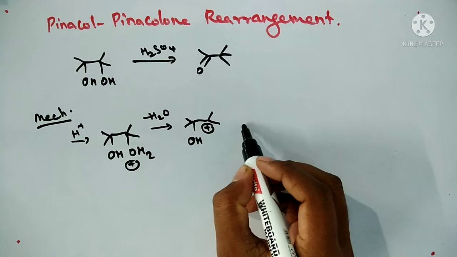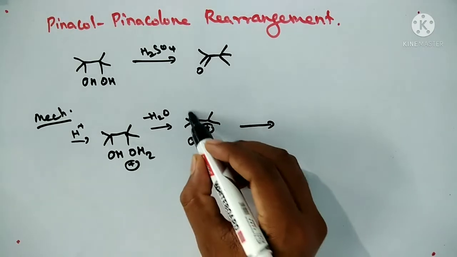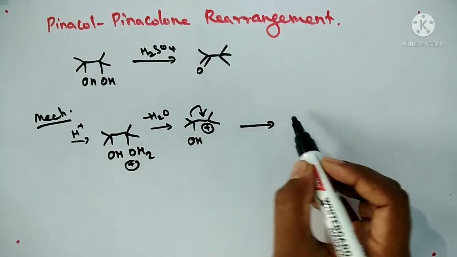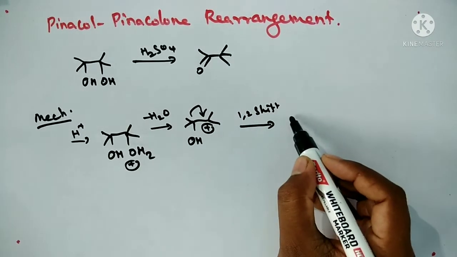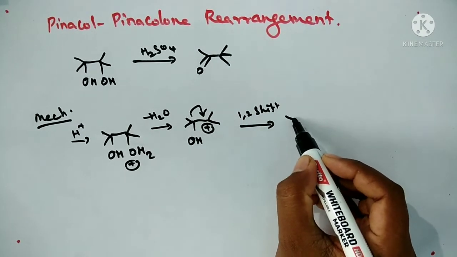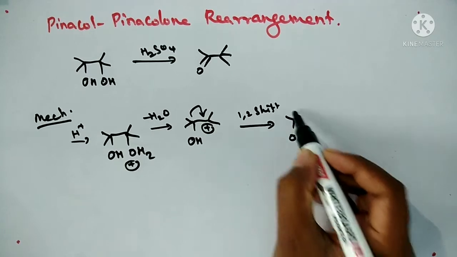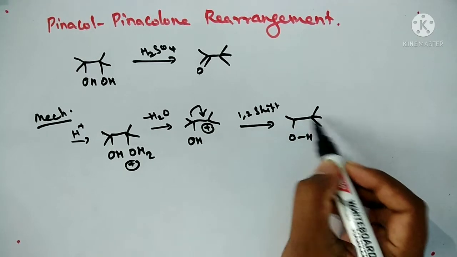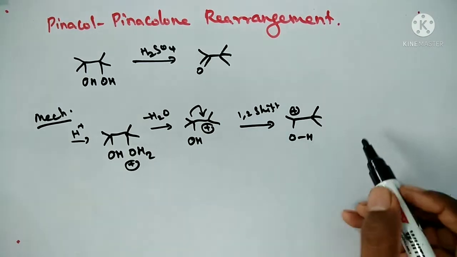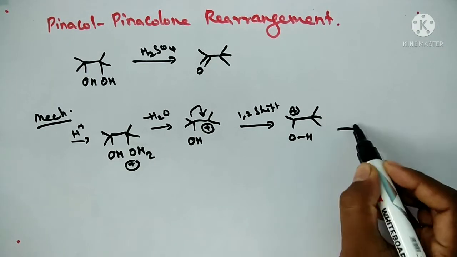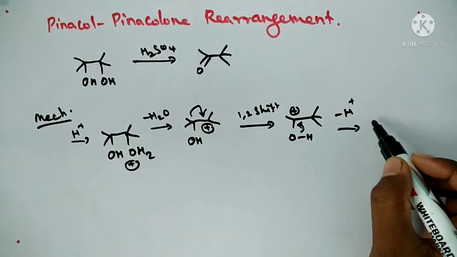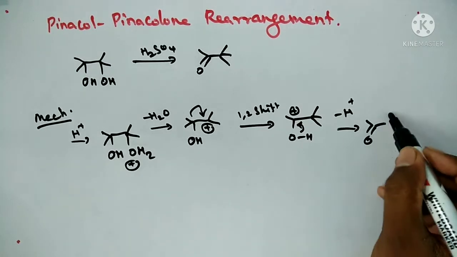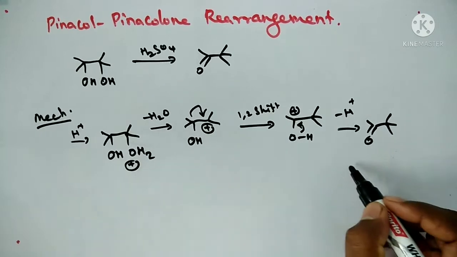Then the migration of a methyl group, a 1,2 shift, occurs. Then elimination of H plus gives the targeted product, pinacolone.